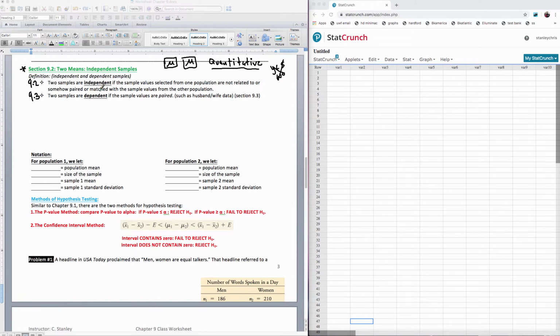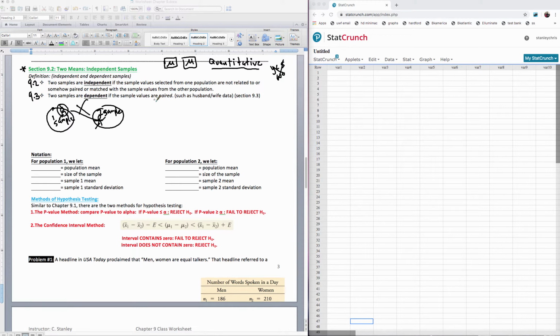So what two samples independent means is that when you have this first sample and you have this second sample, because we have two samples, the people in here, or the objects in here, cannot be related at all.